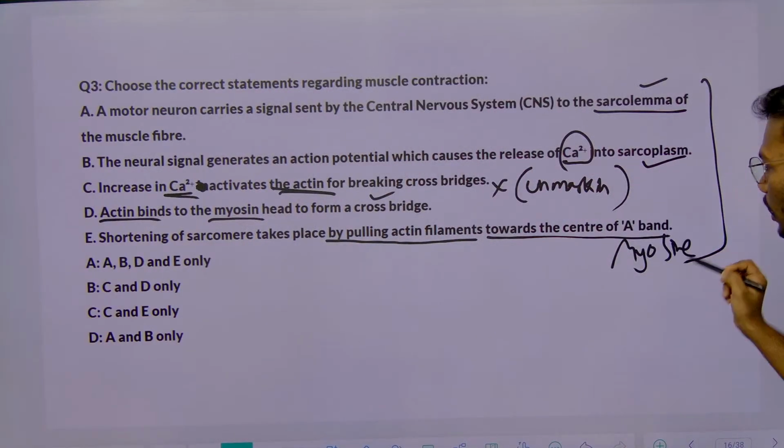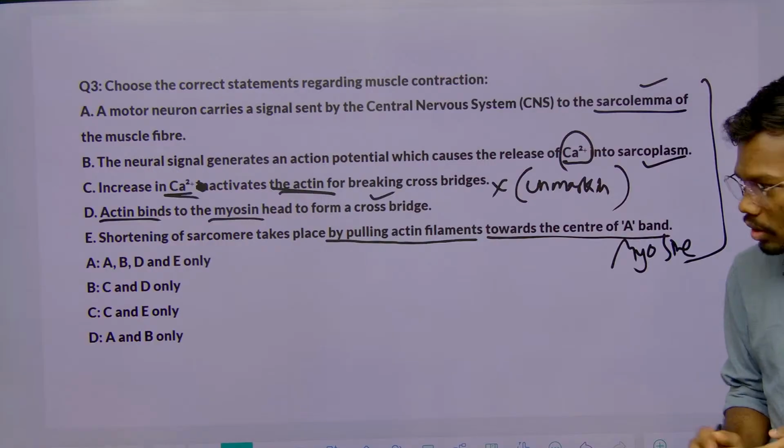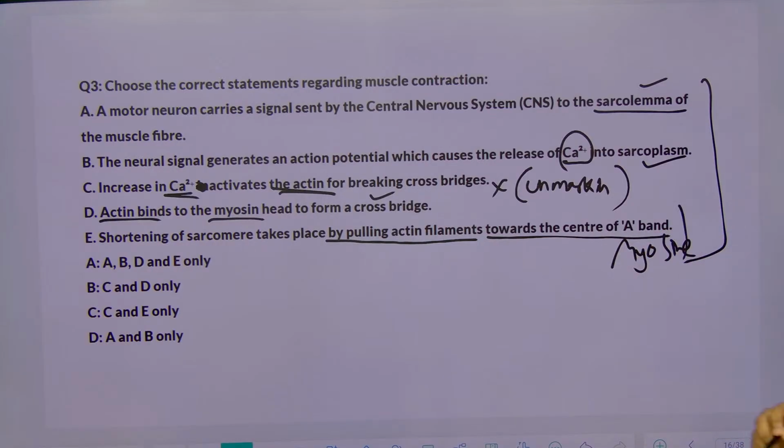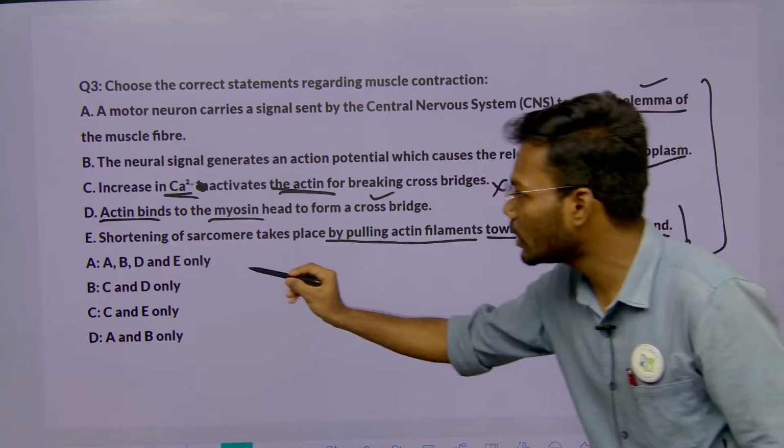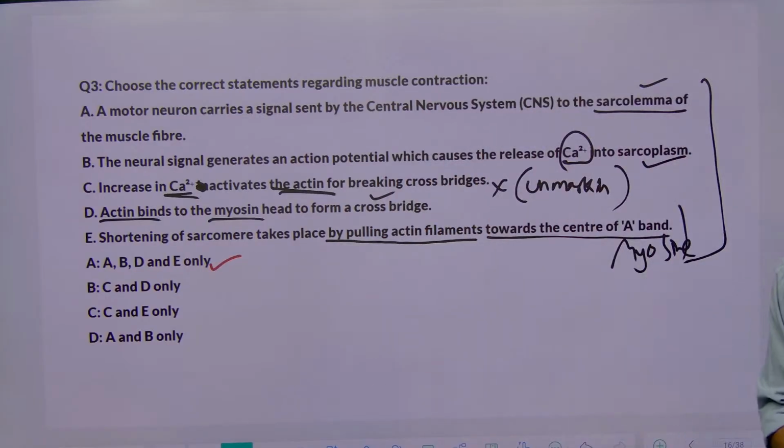All the myosin area is only the A band. So this statement is also right, but they gave it a little differently. They are telling different names only. So here except C, which is wrong, all the remaining are right. A, B, D, E, right? Here the answer is A, B, D, E. So from muscle contraction, they are asking which statements are correct.